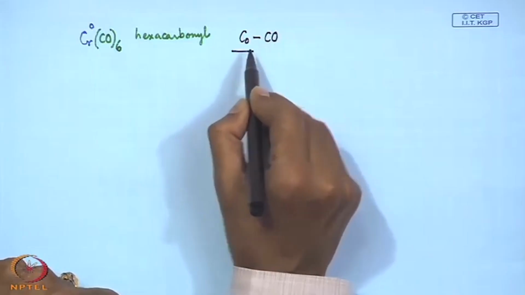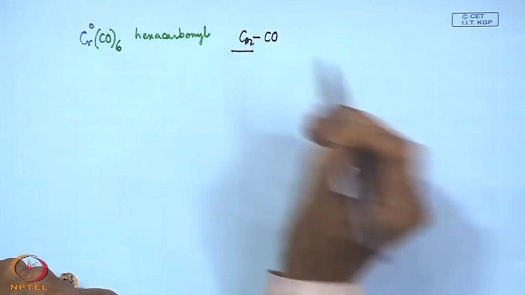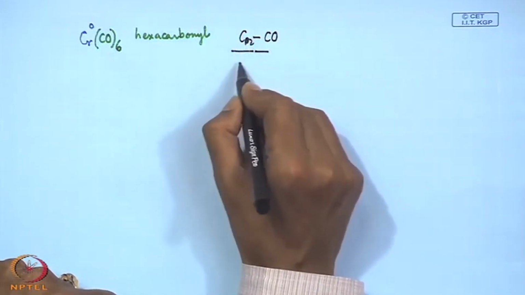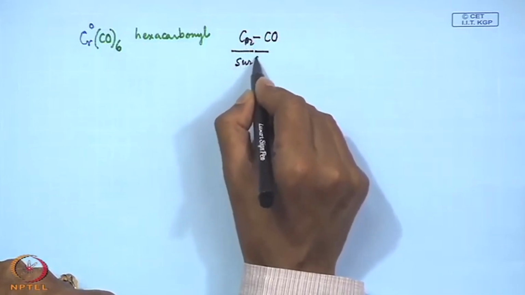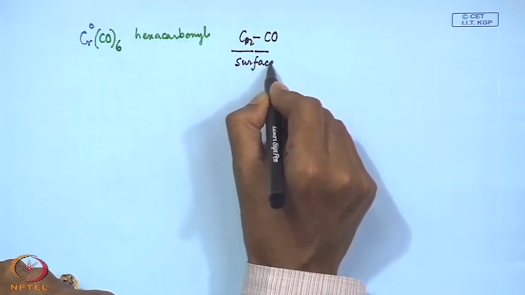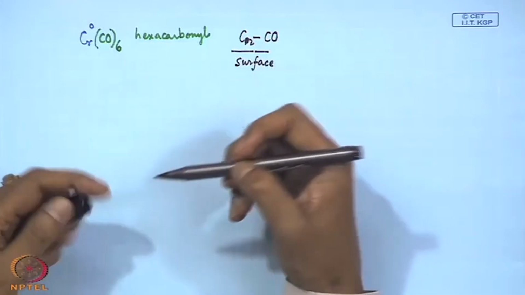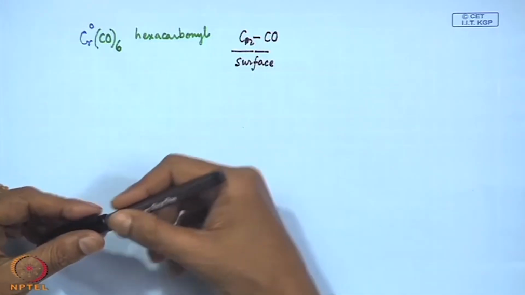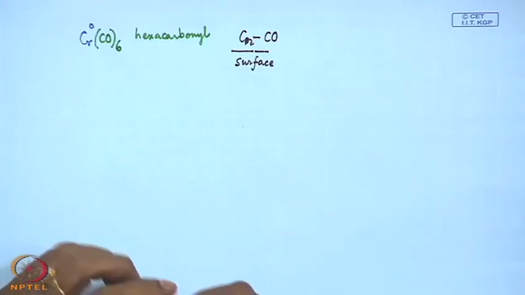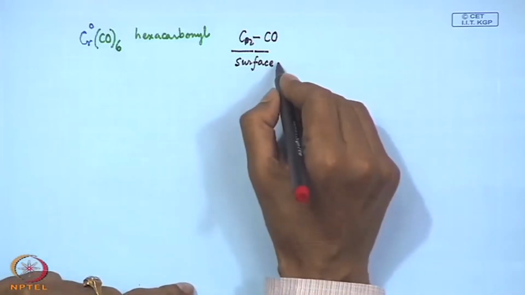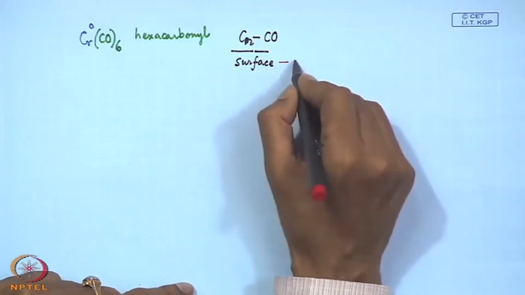So, this chromium surface can show some affinity for its interaction to the carbon monoxide molecule.